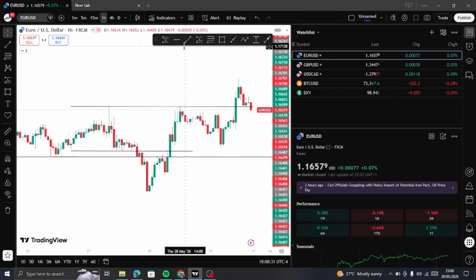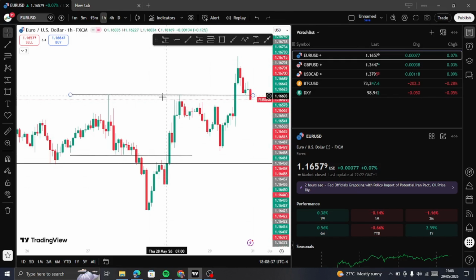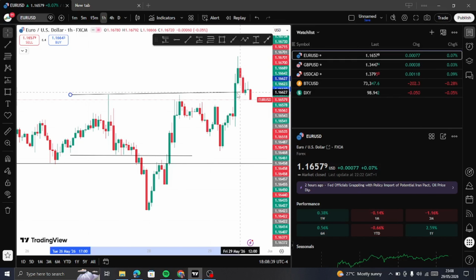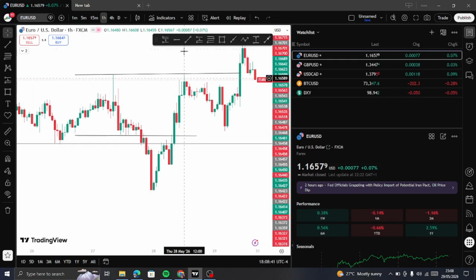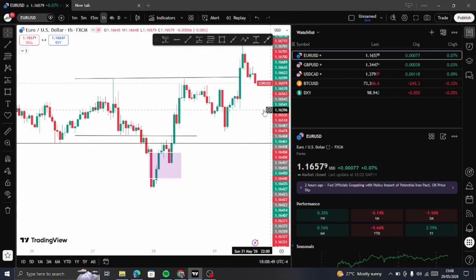We have the fair value gap and the model 1, which is your CRT entry model. So for high confirmation, I saw inversion fair value gap and another model 1.